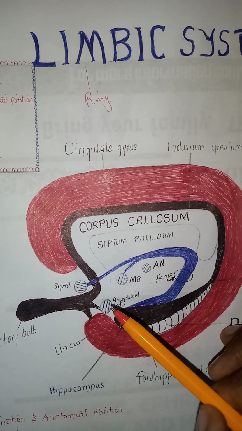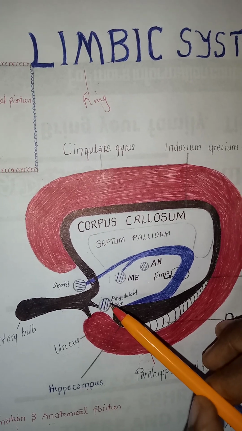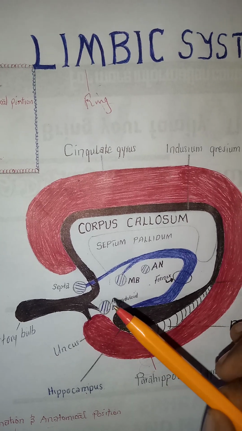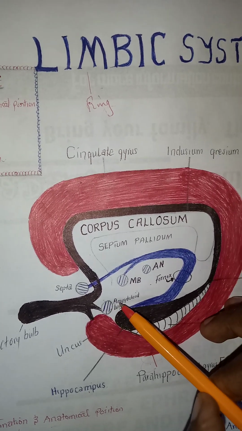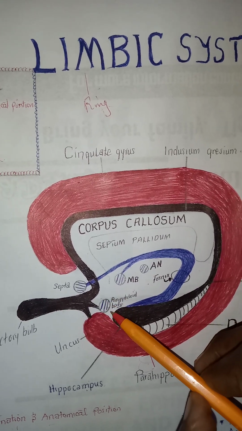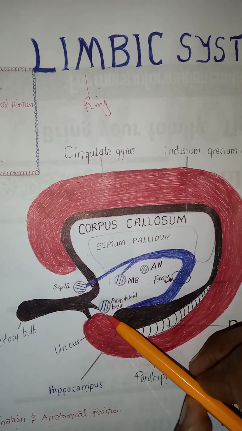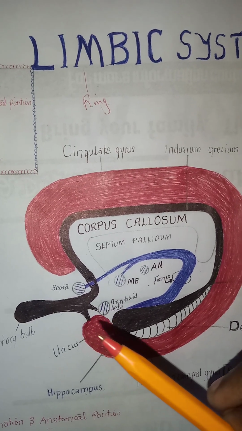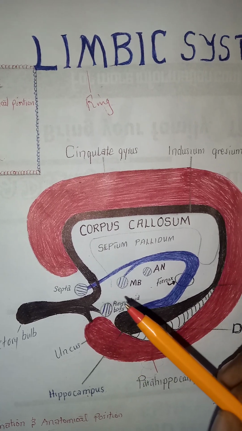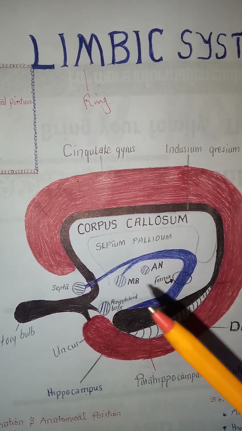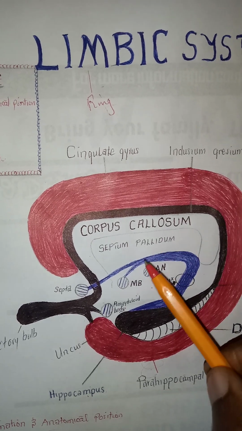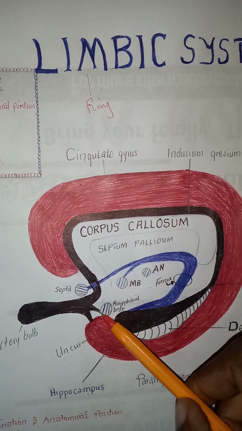If we talk about the function of the amygdala, this part plays a major role in smell-mediated sexual behavior. So if there is atrophy to this part, someone will lose interest in sex. That's the reason why people in their late 60s tend to lose interest in sex, because this part by then could have atrophied.